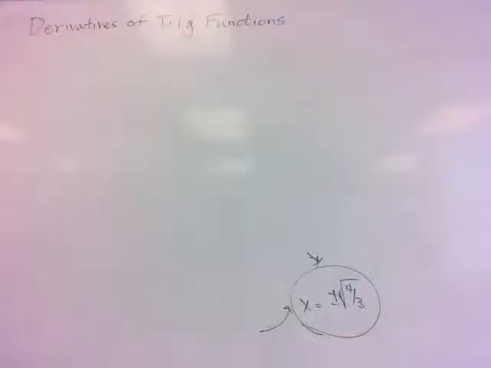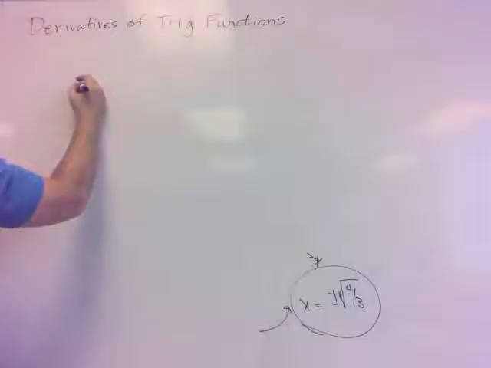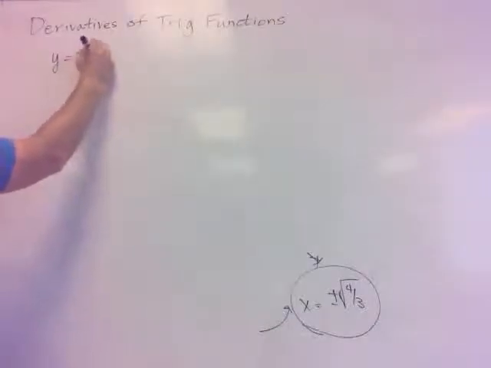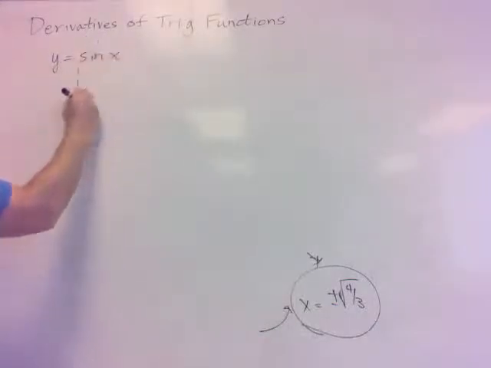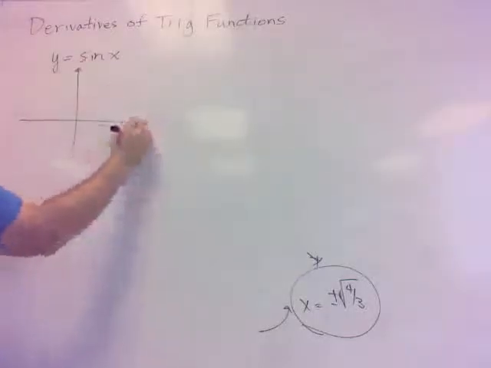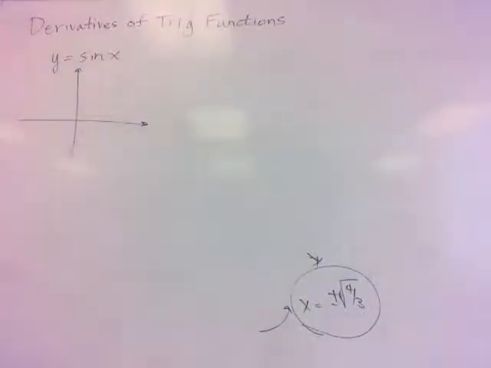They prove it out nice and neatly in the book, but I wanted to approach the derivatives of the trig functions via the graphs. Let's just start with sine. Sine of x, I'm sure you all remember what the graph of sine of x looks like.